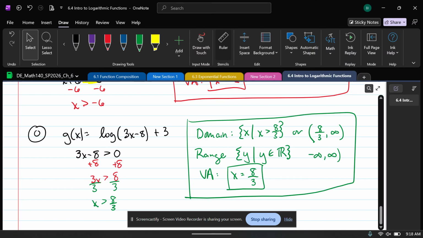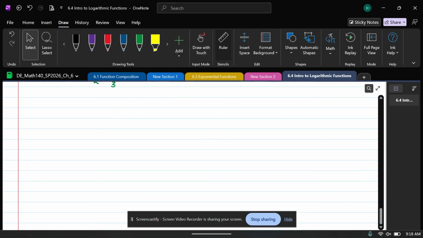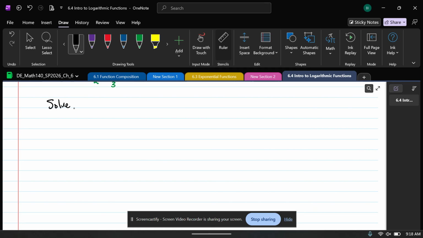Okay. So we're solving logarithmic equations here. Basic ones, really not very difficult ones. So we're going to solve and check for extraneous solutions.